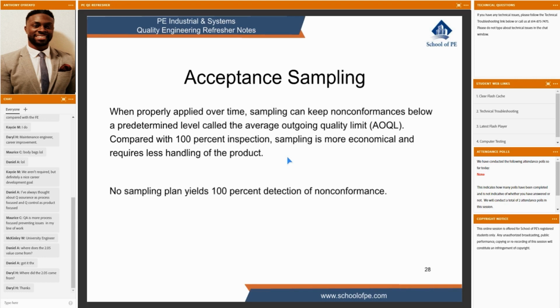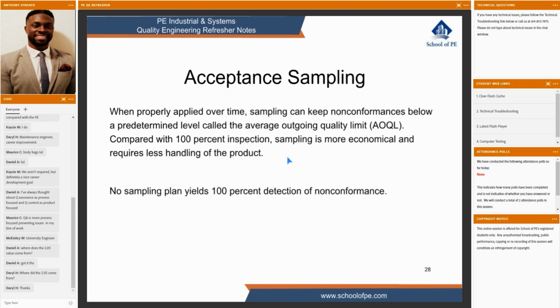And when we are handling the product less, we know that we will more than likely run into fewer issues, right? The more human intervention we have with things, the more things could ultimately go wrong. It's very important to note that no sampling plan yields 100% detection of nonconformance or nonconformities.